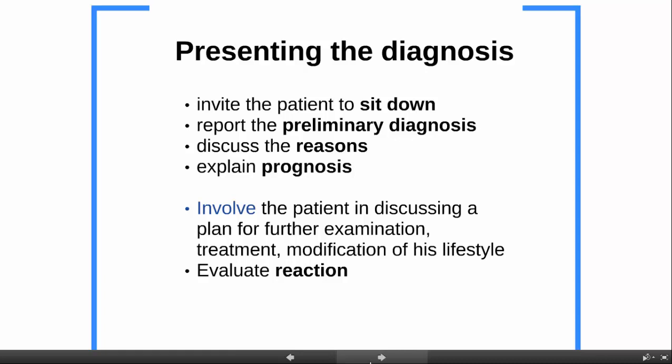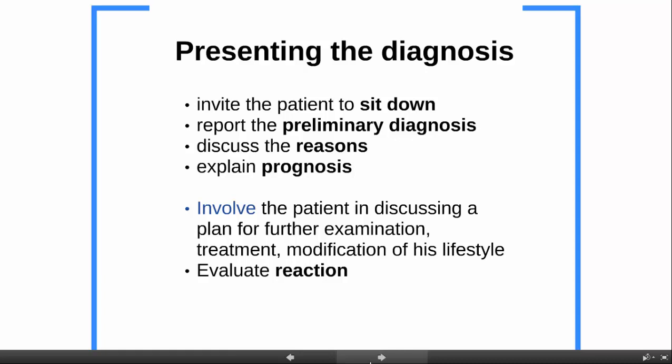Before you present the diagnosis, invite the patient to sit down. Remember, sometimes we have a very pessimistic diagnosis, and this is the skill which is called presenting bad news. You will know it later.